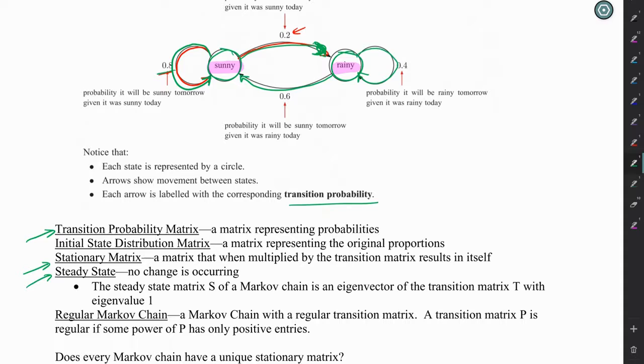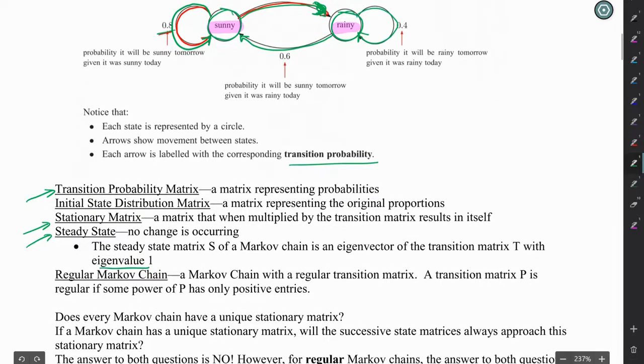So when you have a stationary matrix, you've hit a steady state where no change is occurring. The steady state of matrix S in a Markov chain is an eigenvector of the transition matrix T with an eigenvalue of 1. There will be two eigenvalues for this steady state, but one of them is always 1, and we'll go into that a little bit more later.